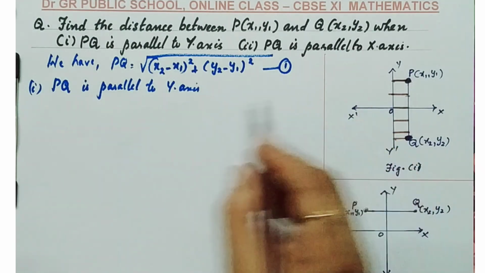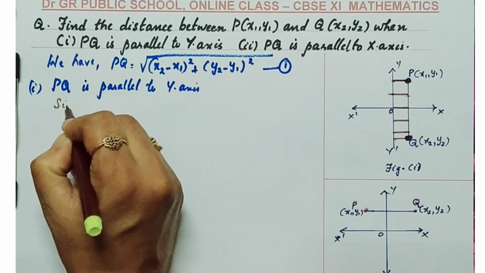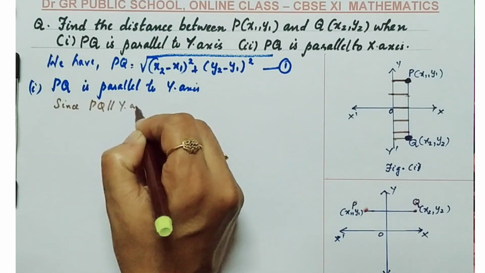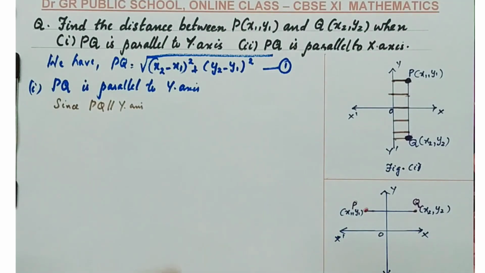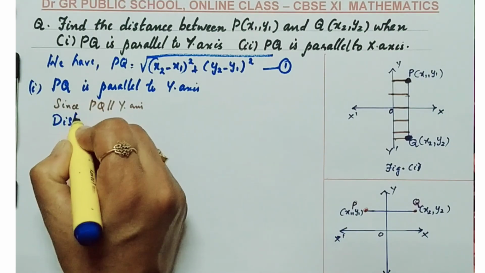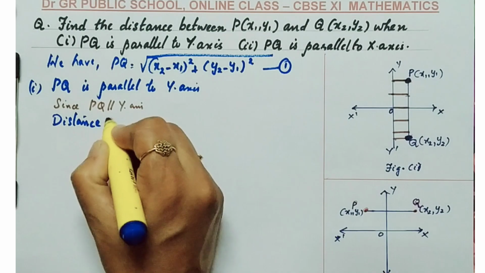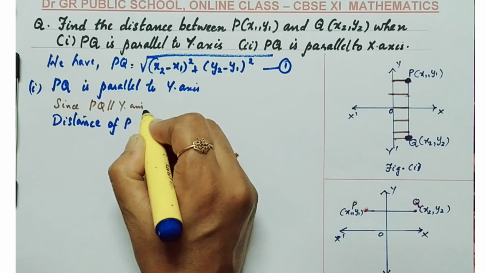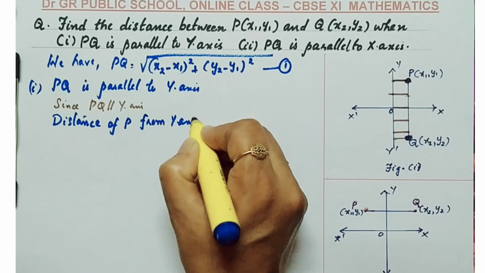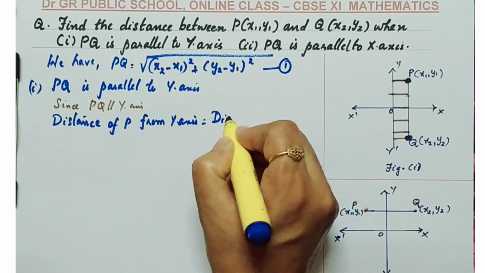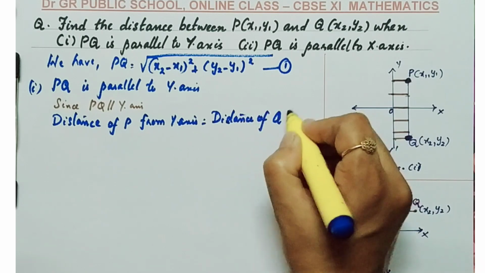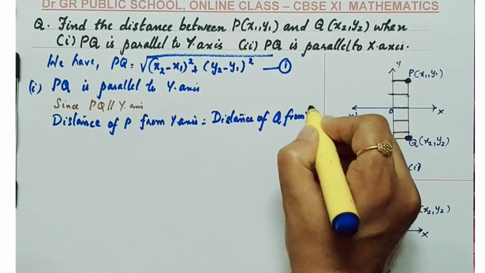Since PQ is parallel to the y-axis, distance of P from the y-axis is equal to distance of Q from the y-axis.